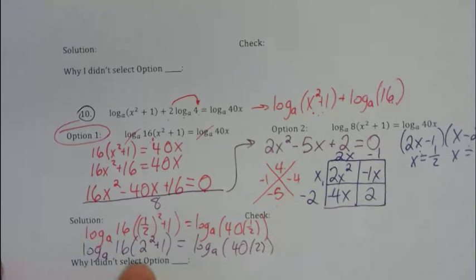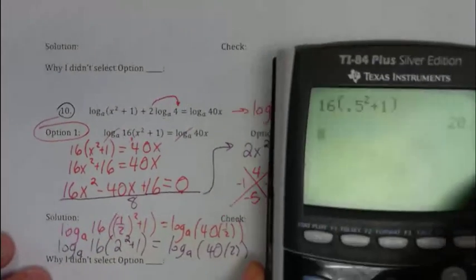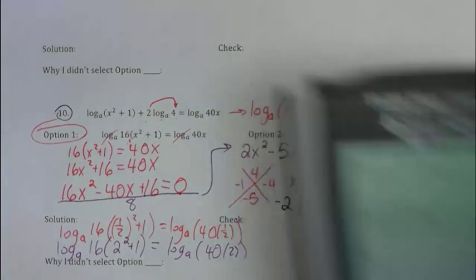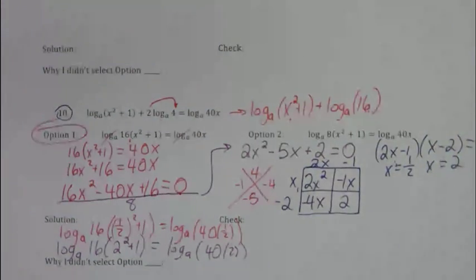So this 16 times 2 squared plus 1 thing right here should be the same thing as 80, 40 times 2. So let's see if that's true. So we're going to do 16 times 2 squared plus 1. It equals 80, and we did it right. So our answer has been checked.